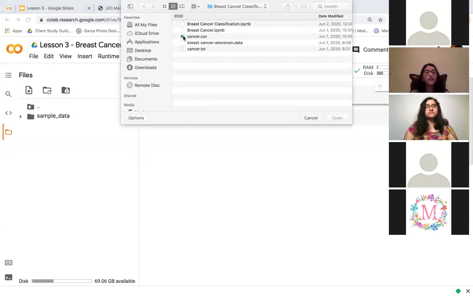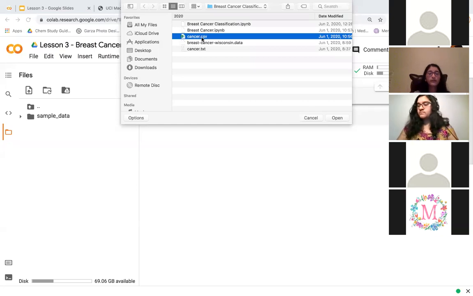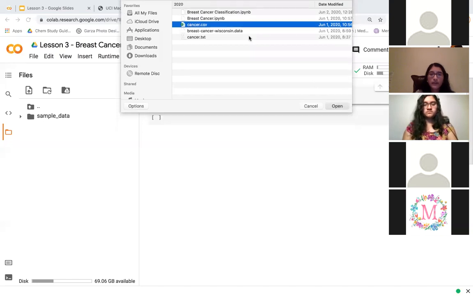You might see all of your files or something like that. But basically you just want to take that cancer.csv file that I sent into the Zoom chat and the WhatsApp chat. And hopefully you'll see this in the drive or the folder of your computer. All you have to do is open it or just double click on it.